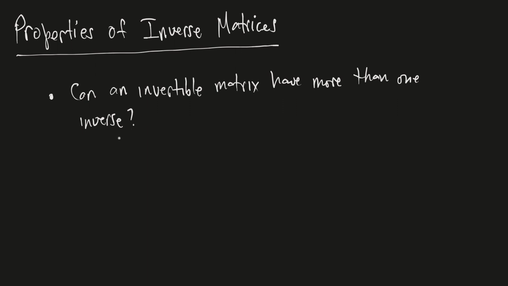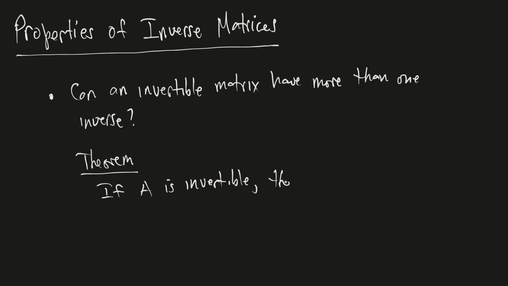Well, let's look at the proof of this. So here's our theorem, and it's a very simple statement. If A is invertible, so if we can invert a matrix, then A inverse is unique.